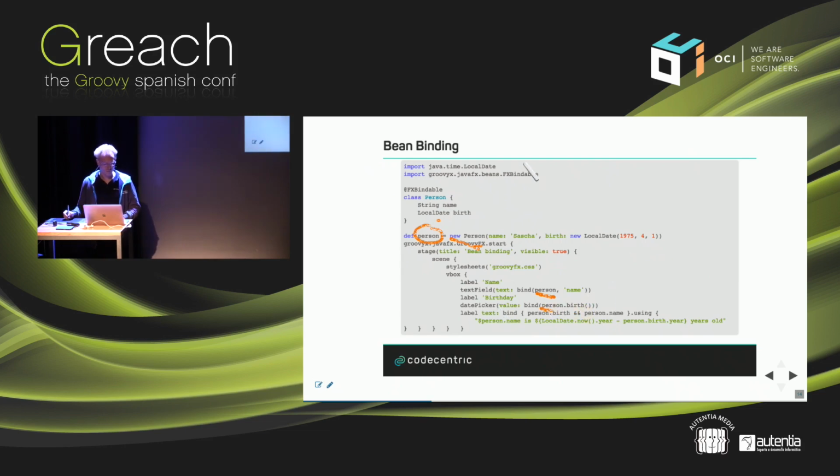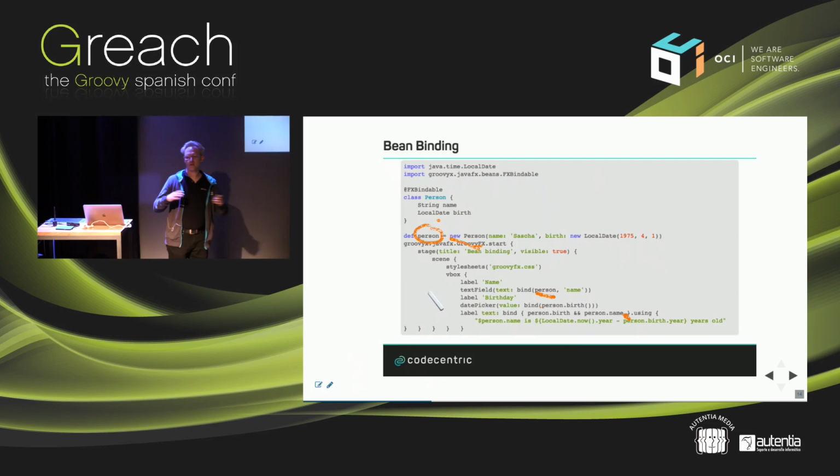Then here as well I do the same binding, and the interesting thing is that here I bind to a closure, just mark the curly brackets. Now this is listening to changes to all the properties in this closure.